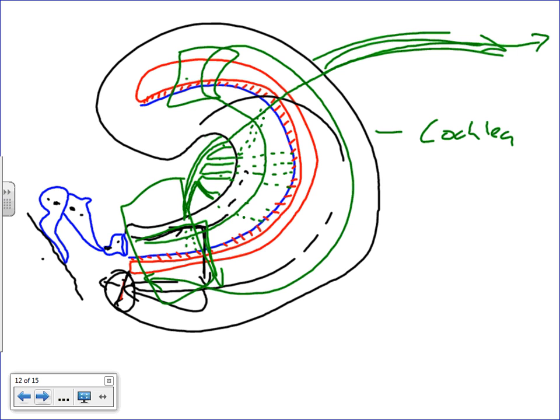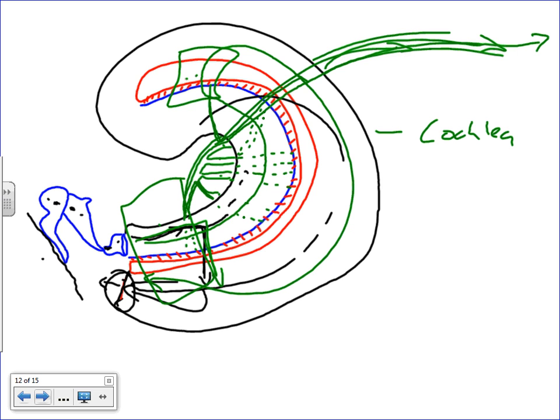That's how we're able to differentiate between loud noises and more quiet noises. The fibers that project from these areas of the basilar membrane towards the brain will stay within their own little individual pathways towards the auditory cortex.